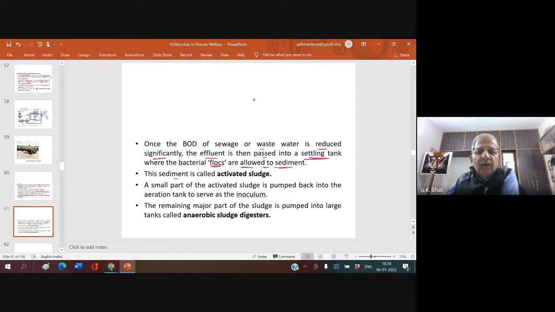This sediment is called activated sludge. A small part of this activated sludge is pumped back into the aeration tank to serve as inoculum.